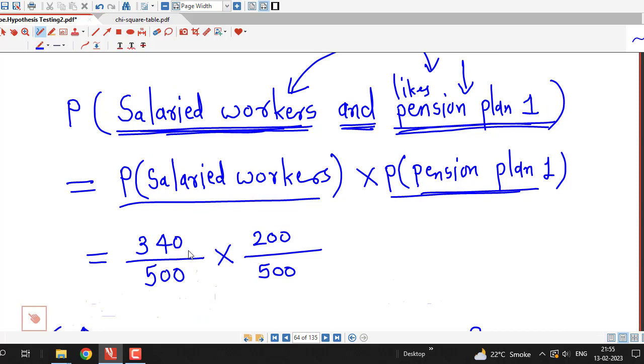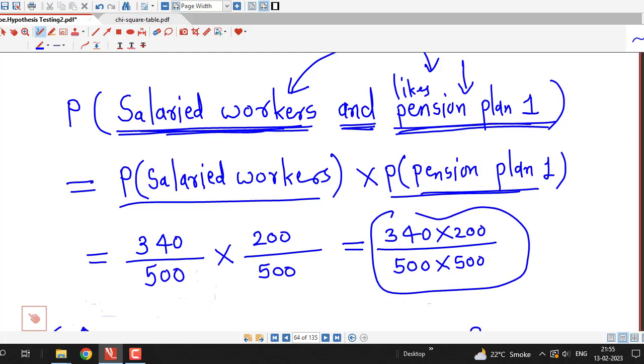If we find the product of these two, then we will obtain the probability that we have salaried workers and workers who like pension plan 1. The probability of the event that the worker is a salaried worker and the worker likes pension plan 1 is given by this product.